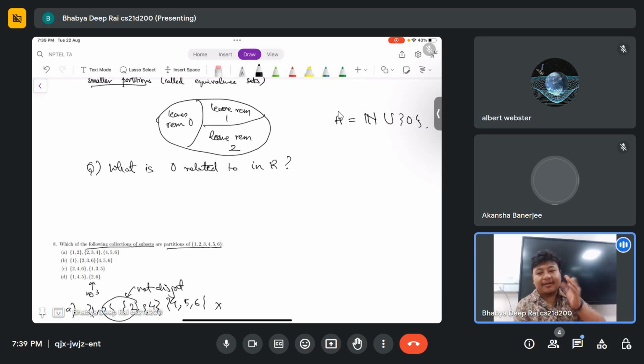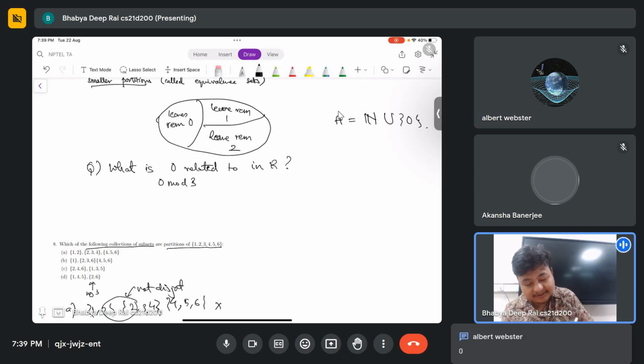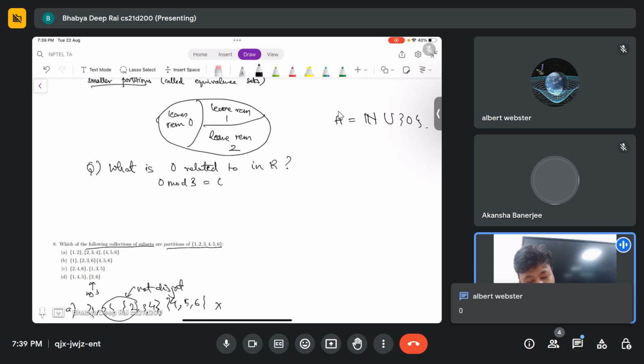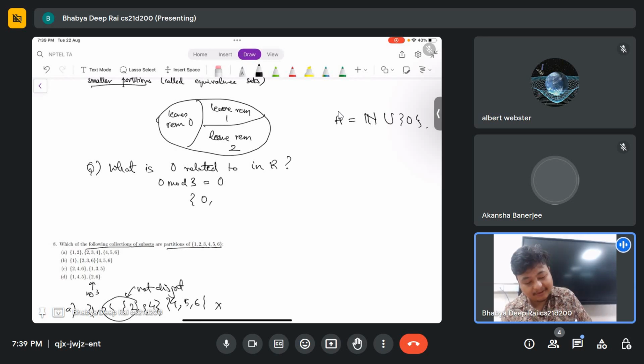Anything related to 0 should give me the same remainder when divided by 3 as 0 does. So what is 0 mod 3? The remainder of 0 on division by 3 is 0. So what leaves the remainder 0? All the multiples of 3. So that is 0, 3, 6, 9, 12, and so on. Correct?